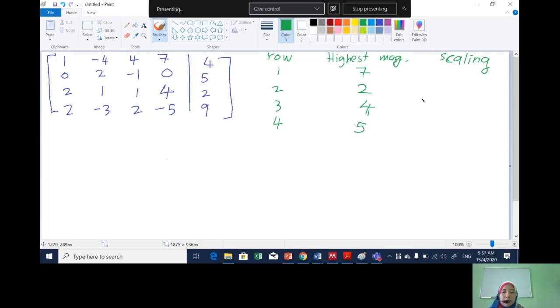When we do the comparison, row number 1 is the largest. Next we do scaling.